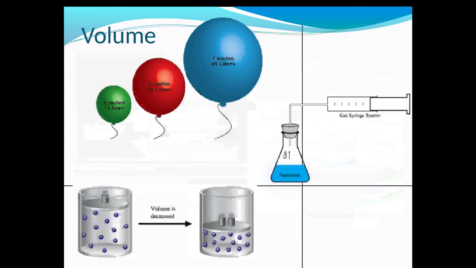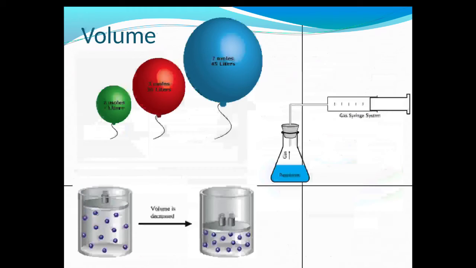All right, another variable that we can use for gases is volume, and this one, of course, is pretty plain and simple. It's just how much space something takes up, where we're going to be using mostly milliliters and liters. So here you have balloons, obviously, of different volumes. At the bottom, you've got two kind of containers with a movable lid. And so as that lid goes down, you're obviously going to compress the gas, and the volume is going to shrink.